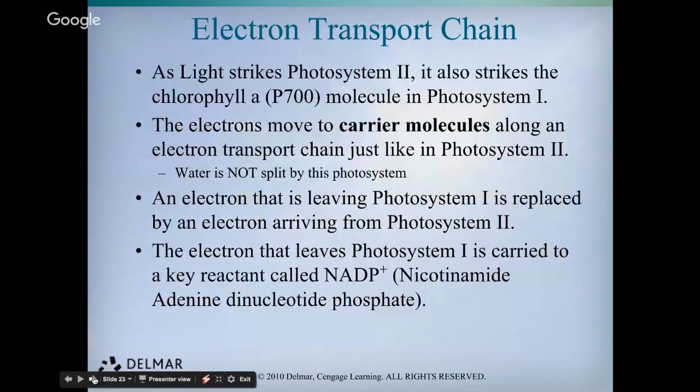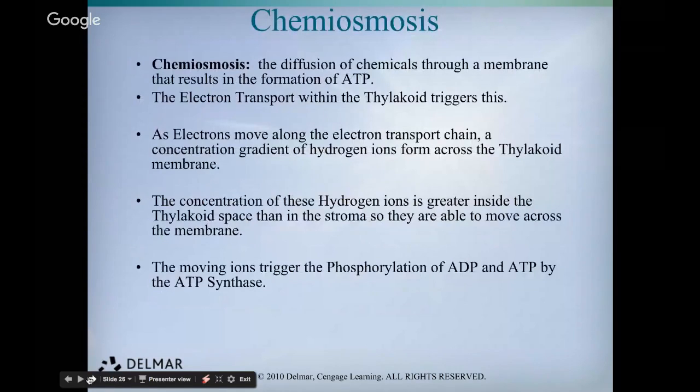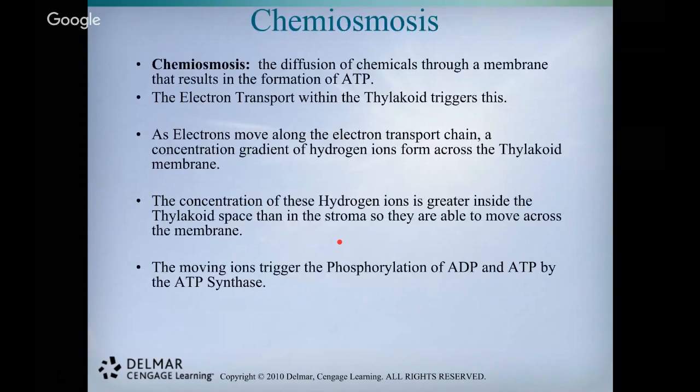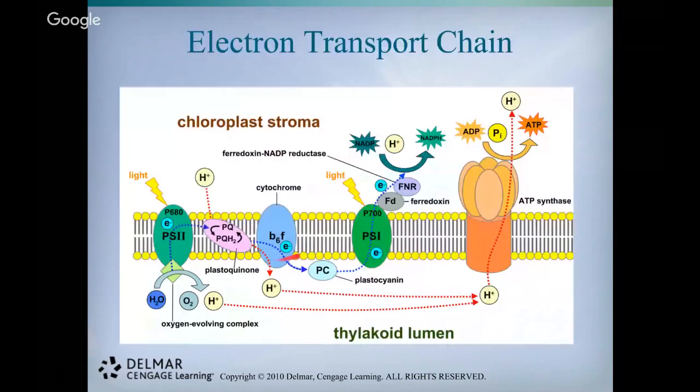So we finished this here. We talked about NADP. A hydrogen ion is then carried over and added to the NADP to create NADPH. So NADPH and then ATP that is formed in this chemiosmosis is going to then be going into the Calvin cycle.